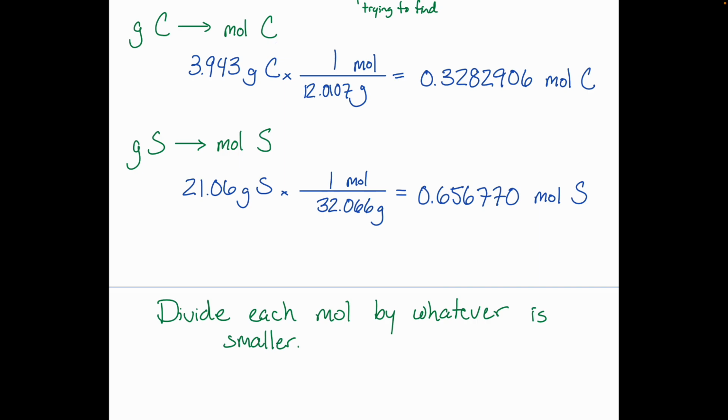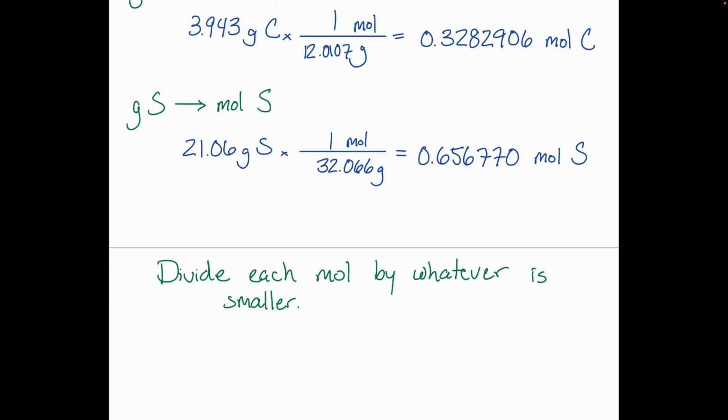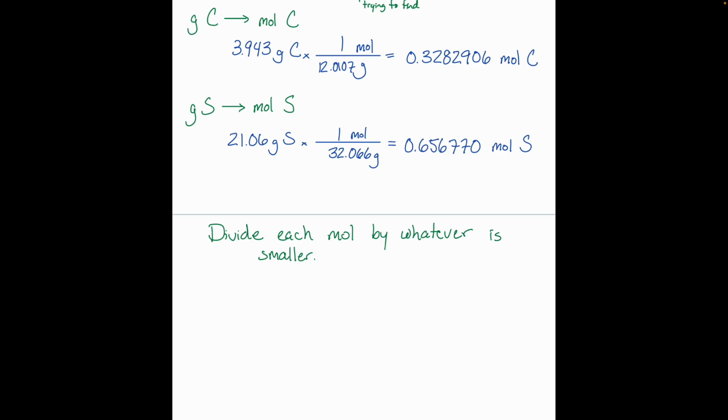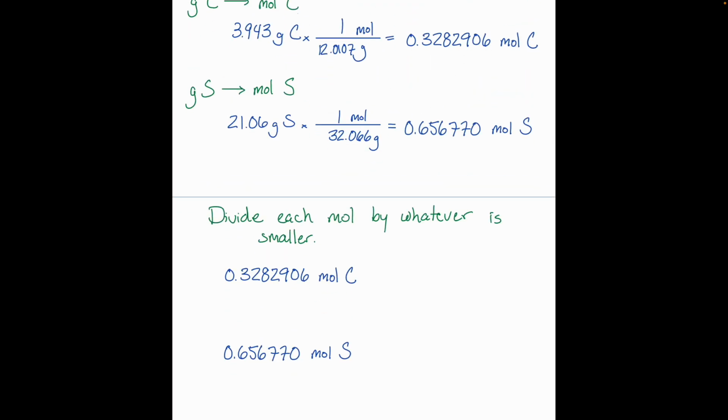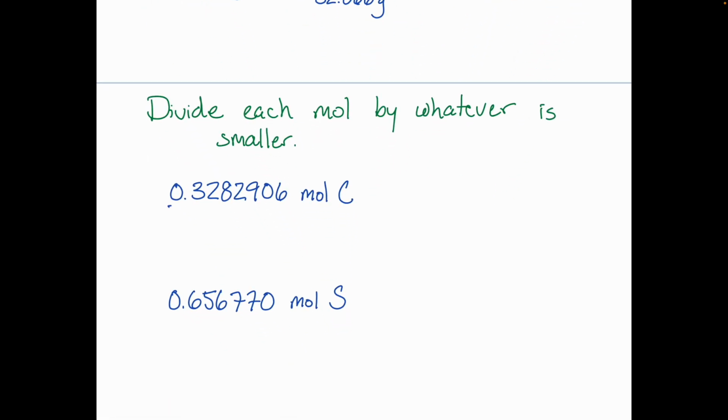So what I'm going to do is I'm going to take these numbers. I took a bunch of decimals, but again, I'm not really worried about sig figs here. And I'm going to divide both of them by that 0.328 whatever value. Okay, I can do anything I want to these numbers as long as I do it to both of them.